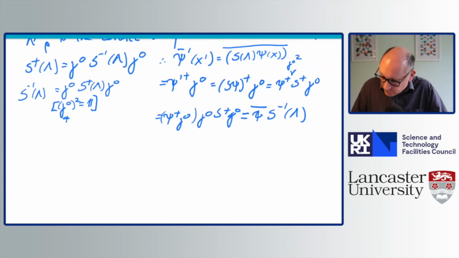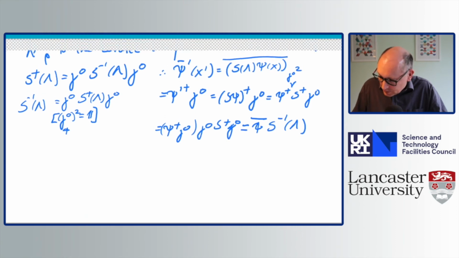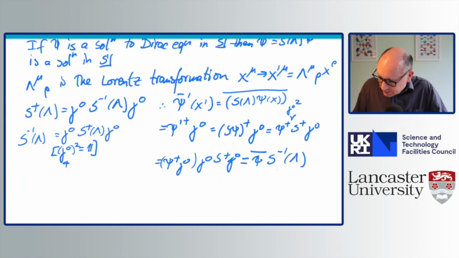Good. So we understand some properties of how the psi bar transforms. That has S on the right hand side of the row vector instead of having S acting on the column vector psi.